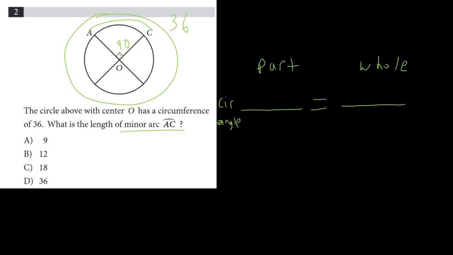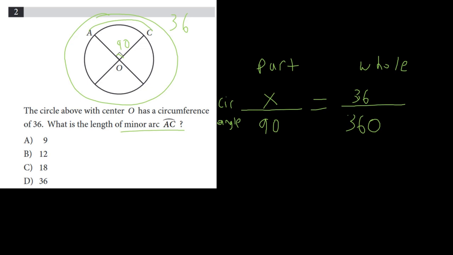All right, so the part circumference, we really don't know. We know the angle will be 90 degrees. Now the whole circumference, we know is 36. And the whole angle for the entire circle is always going to be 360 degrees. So from here, I'm going to show you a different way to do it than before.